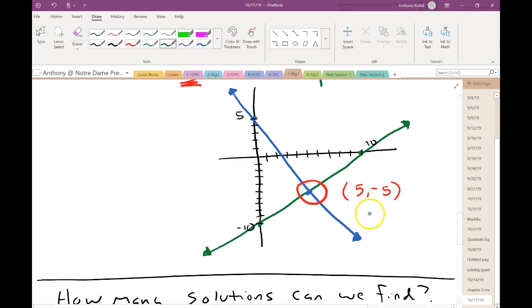What if the solution was actually 4.99, -4.99? Would you be able to tell the difference looking at the picture? Would you be able to come up with that degree of accuracy? Not realistically, right? So the big catch is if we have decimal or fractional solutions to these, it becomes unrealistic for us to be able to estimate a fractional or decimal answer.